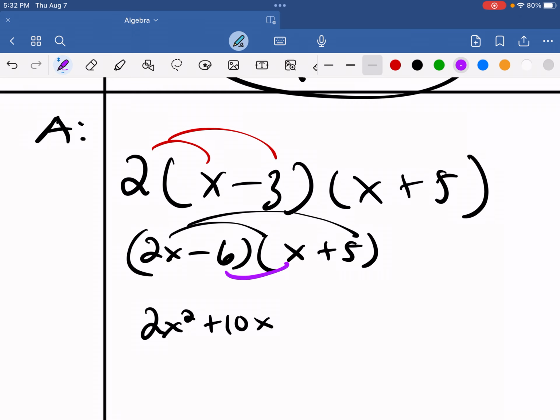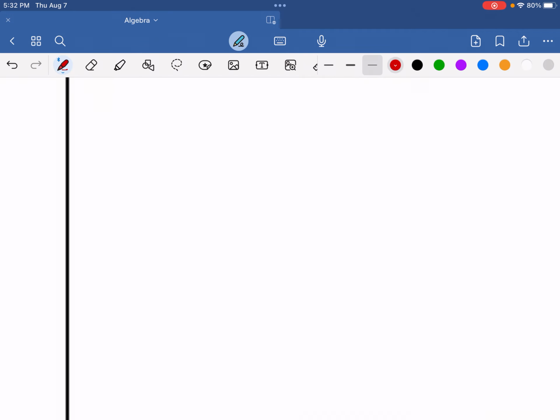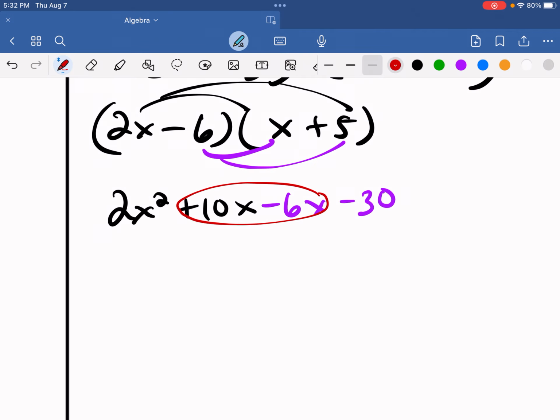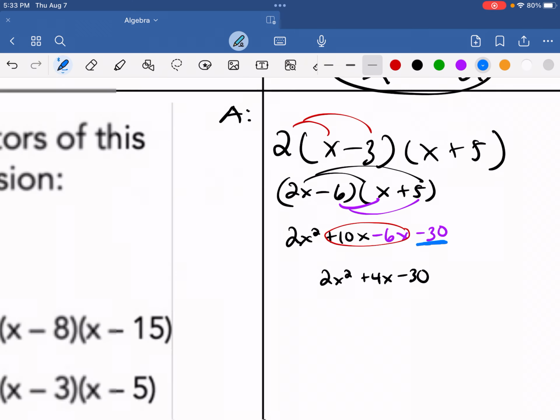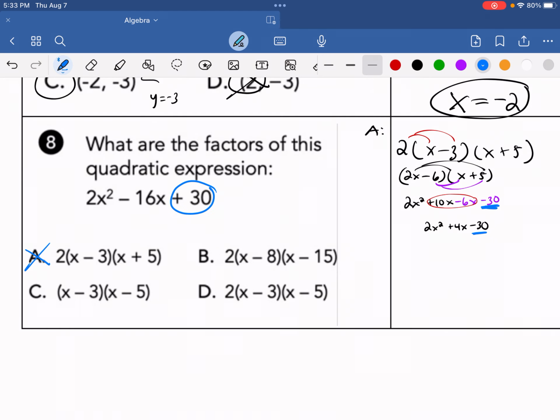And then -6 times x, -6x, and -6 times 5 is -30. Here, you would have to combine the two middle ones because they both have x only. So it's 2x squared, positive 4x, and minus 30. To be honest, I probably would have stopped. I wouldn't have done that step. I just compare the last number. The original ends in positive 30. This one was ending in negative 30. So it's definitely not A.